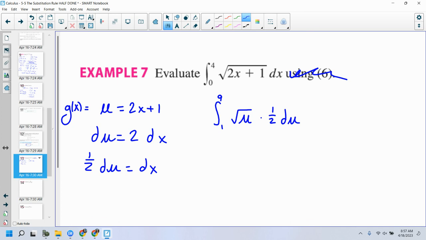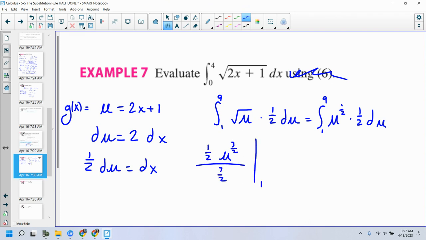And now, once I've done that, I never have to turn it back into x. I can just use those boundaries and use my properties on u. Okay, so now this is going to be, let's turn that back into u to the 1/2 times 1/2 du. Run that integral, u to the 3/2, and put the 1/2 out front over 3/2 from 1 to 9. Again, don't plug 2x plus 1 back in.